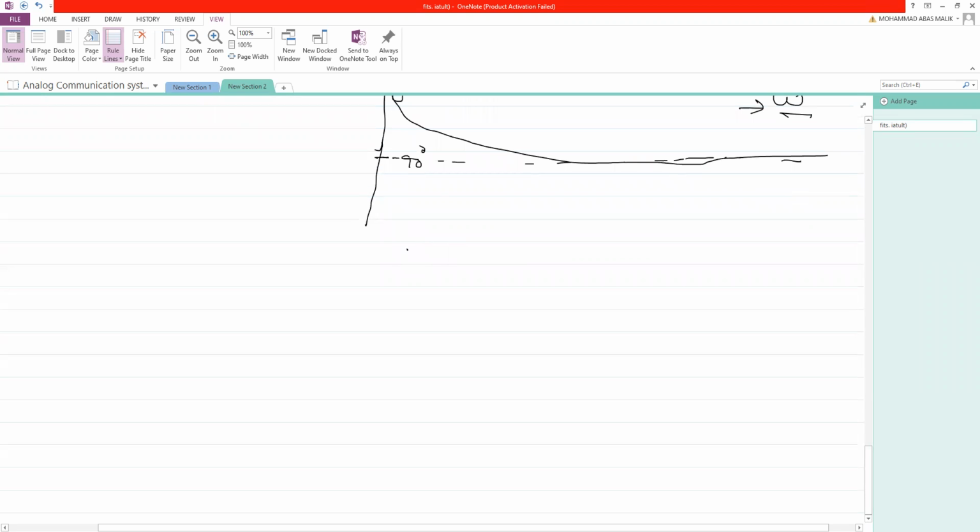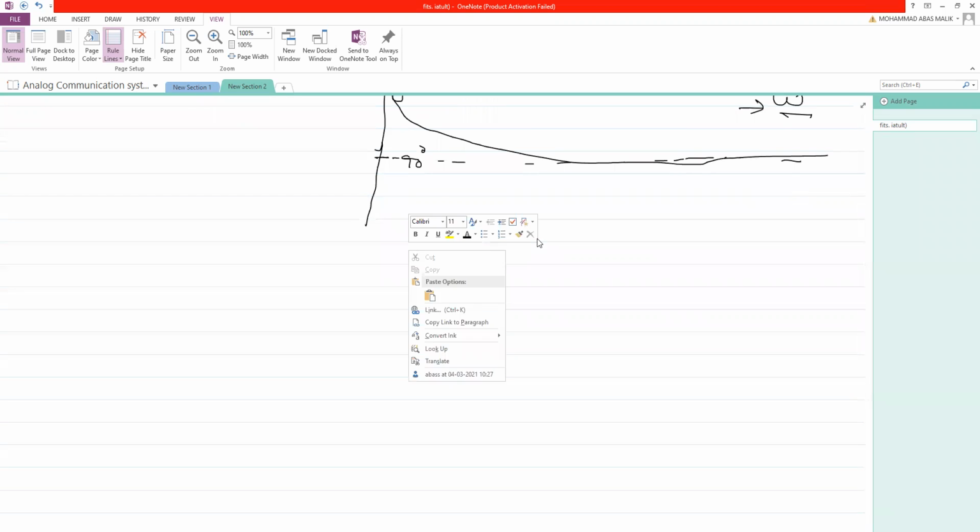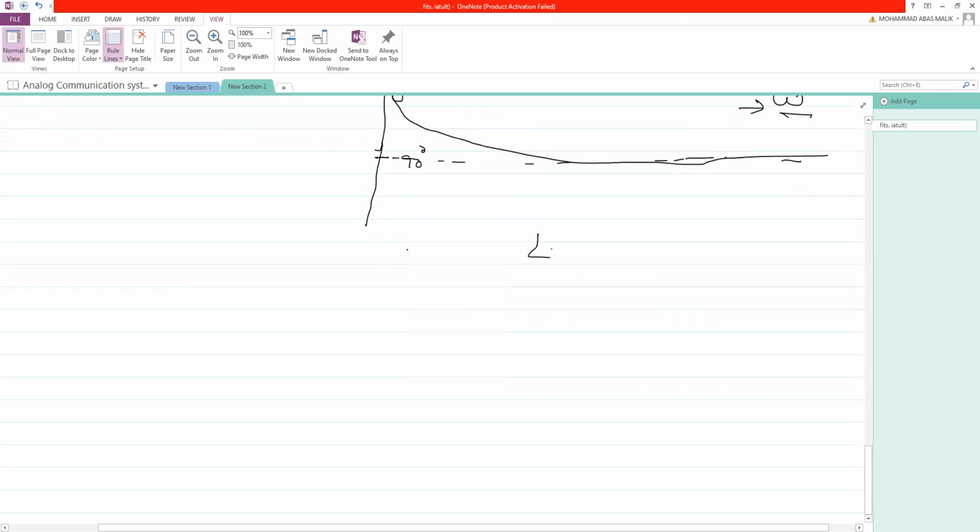because this value, angle F of omega, is not equal to angle F of minus omega. Why?